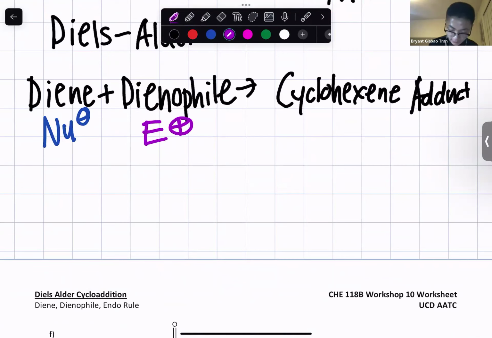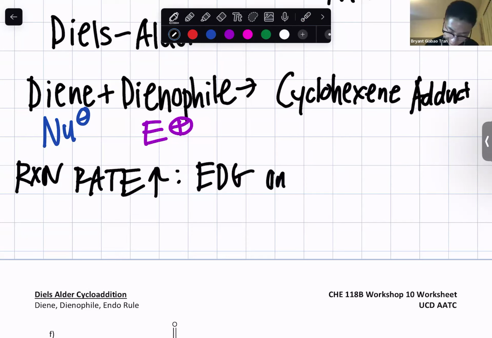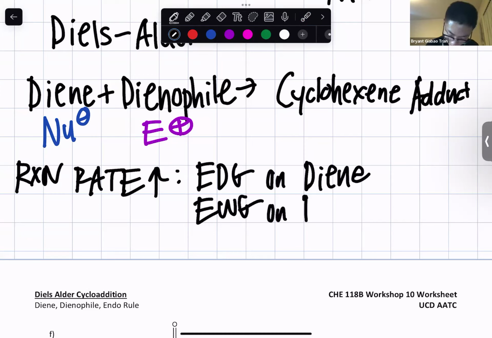You know how nucleophiles are negative charges, they want to attack the positive charge electrophiles. The reaction rate will increase if you have EDG on the diene and EWG on the dienophile.